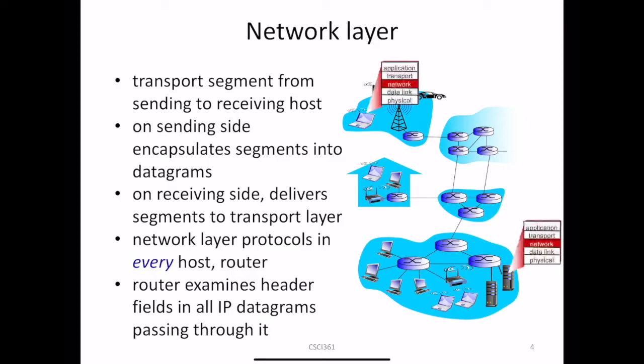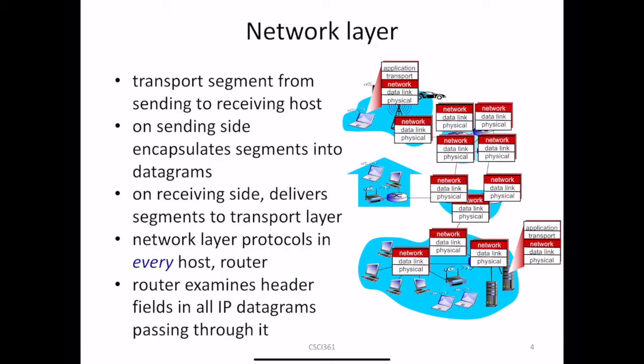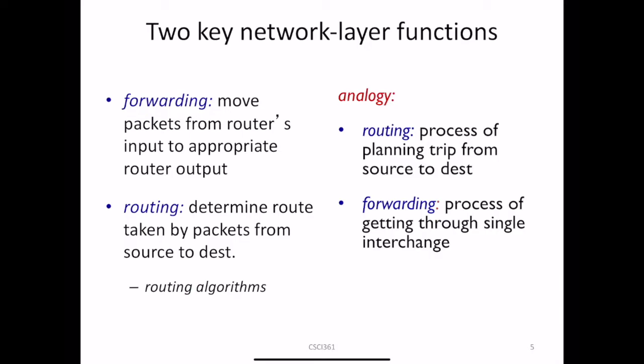You can see here, not only the end devices implement the network layer, but also all the routers implement the network layer function. Then in chapter 1, if I remember correctly, we already talked about the two key functions implemented in the network layer, which are forwarding and routing.